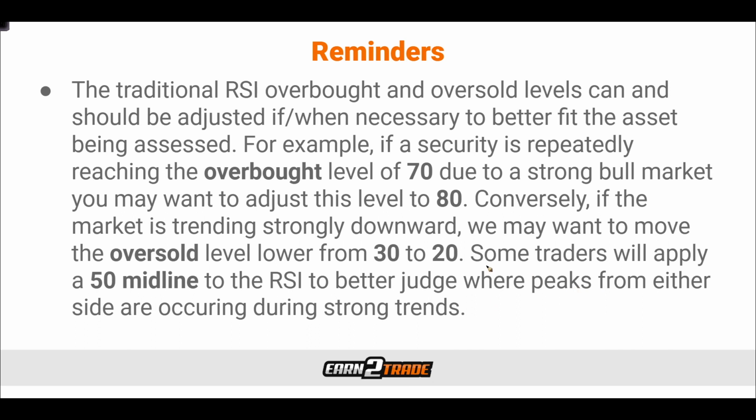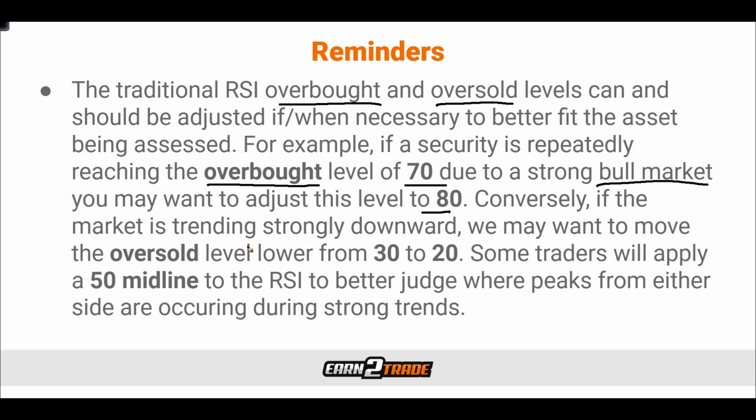Continuing with our reminders, the traditional RSI overbought and oversold levels can be and should be adjusted if and when necessary to better fit the asset being assessed. For example, if a security is repeatedly reaching the overbought level of 70 due to a strong bull market, you may want to adjust this level to 80.